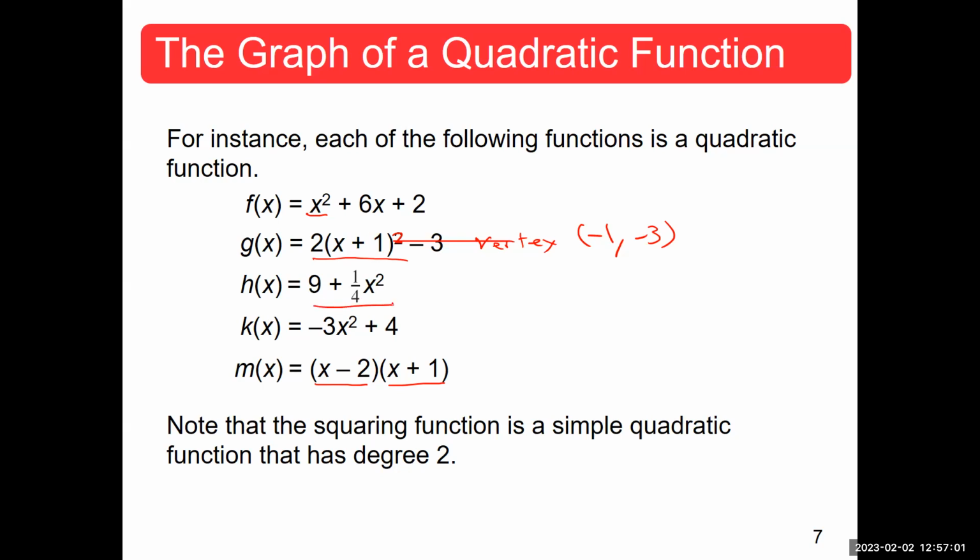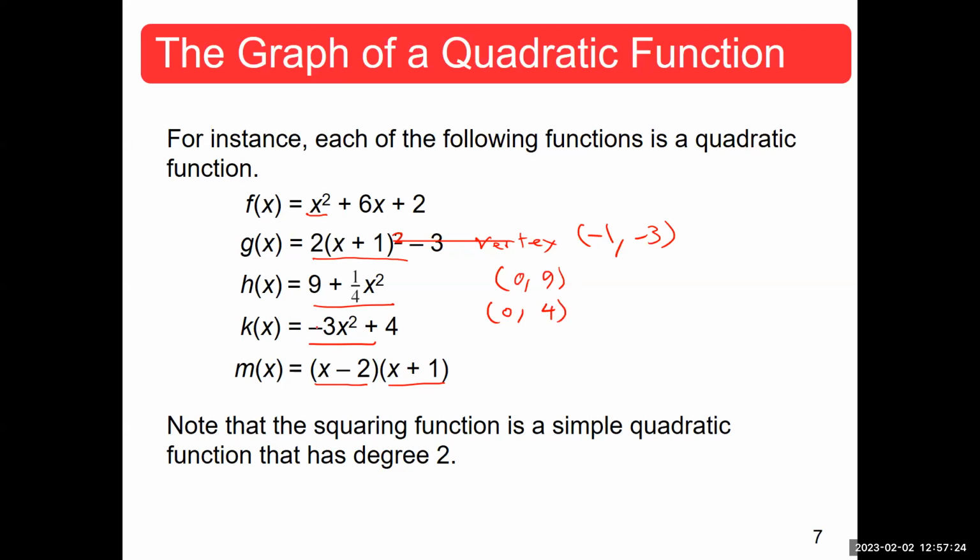For this one here, it doesn't have parentheses in it. That means the vertex is at 0, 9. This one here, same thing, does not have parentheses, 0, 4.